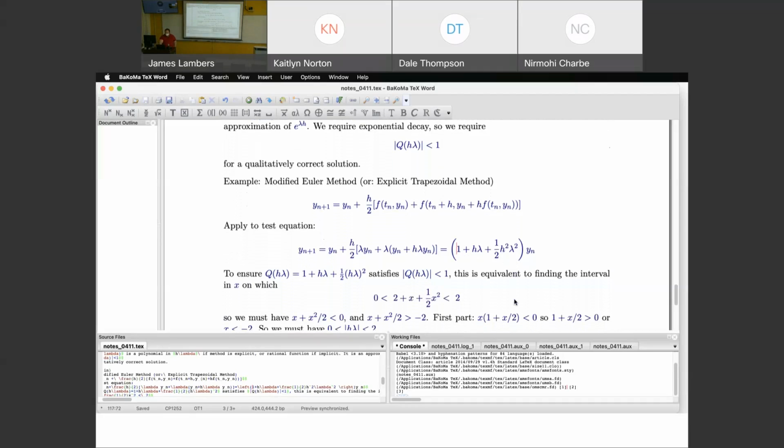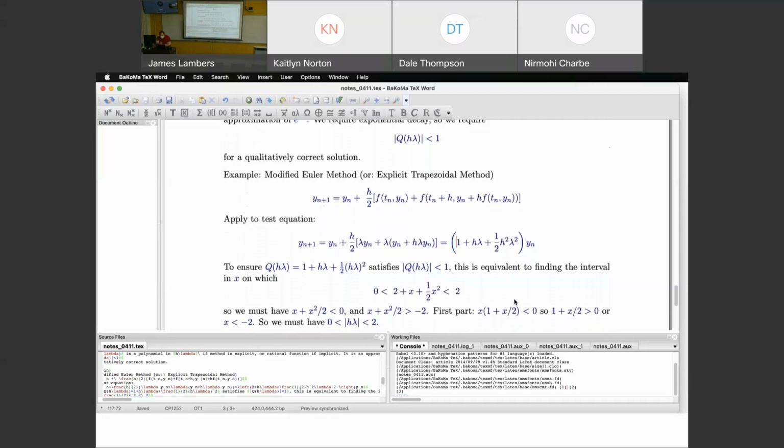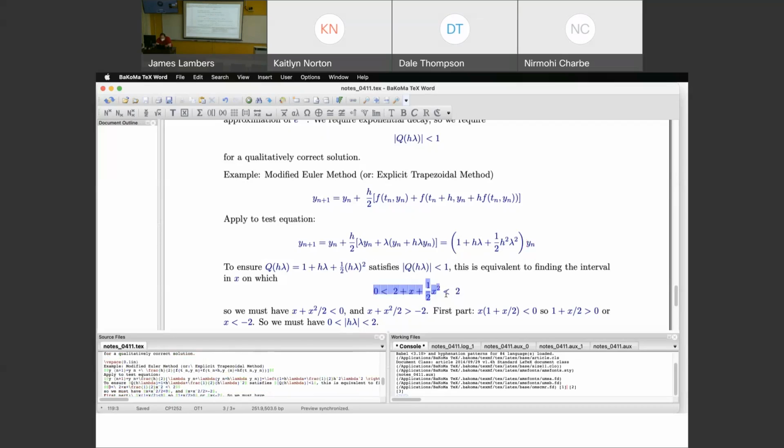So what I do is, I'm going to let x equal h lambda, just for notational convenience. I want this to have absolute value less than 1, in other words, it's between -1 and 1. So now I have this set of inequalities.